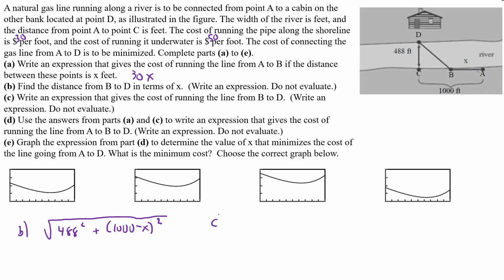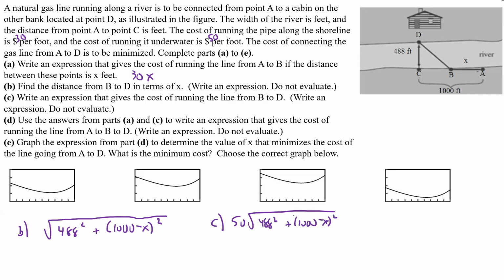Now C, what does it say? Write the expression that gives the cost of running a line from B to D. Well, that's underwater because it's under the river, and we know it's $50 per foot, so it's just going to be 50 times the square root of 488 squared plus 1,000 minus x squared.